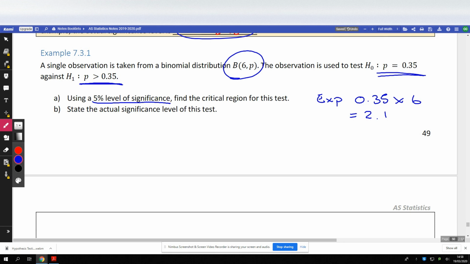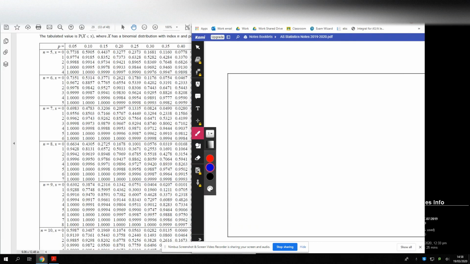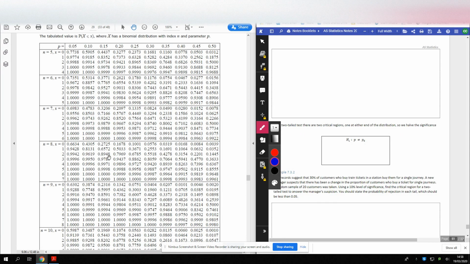And then I'm going to do this by using the tables. So if I just scroll down, and we're going to split the screen so that we can see the table here. So I am on n equals 6, and my probability is 0.35. So that's this section here.